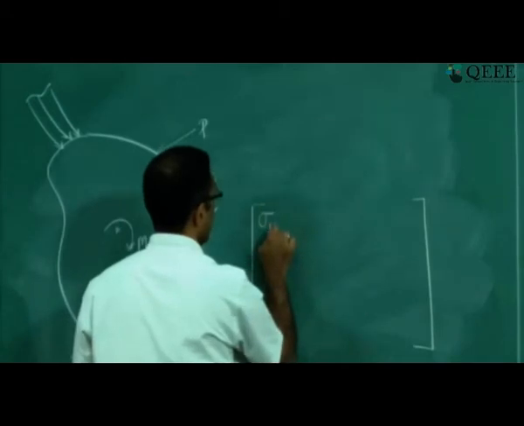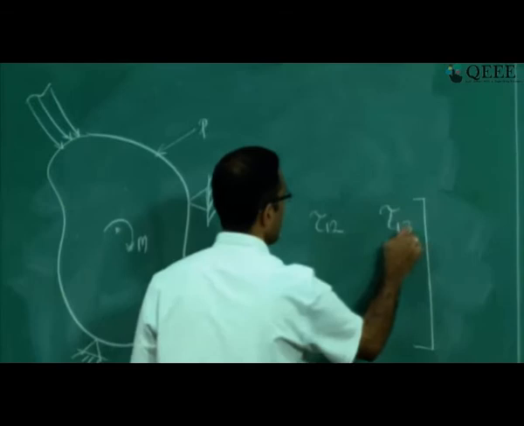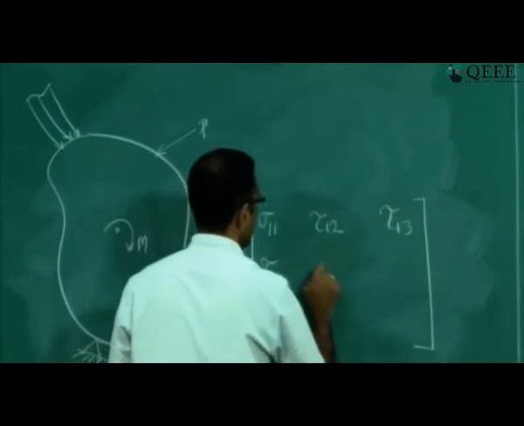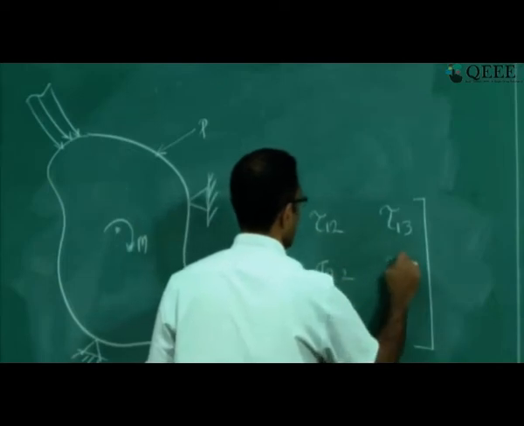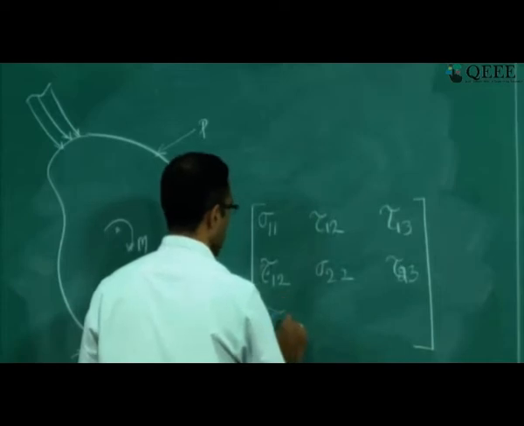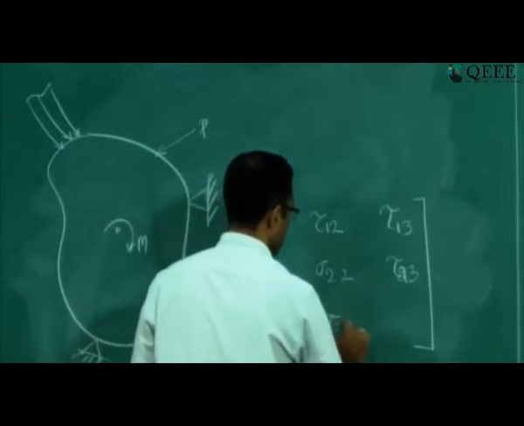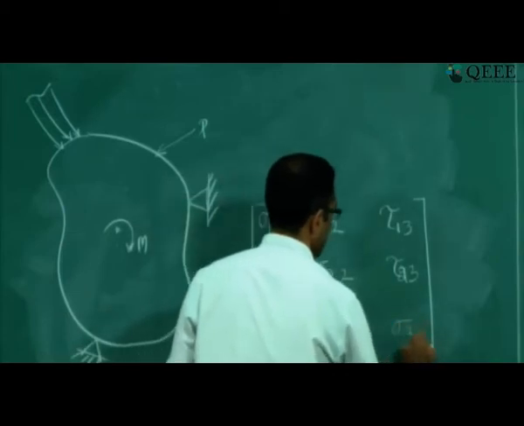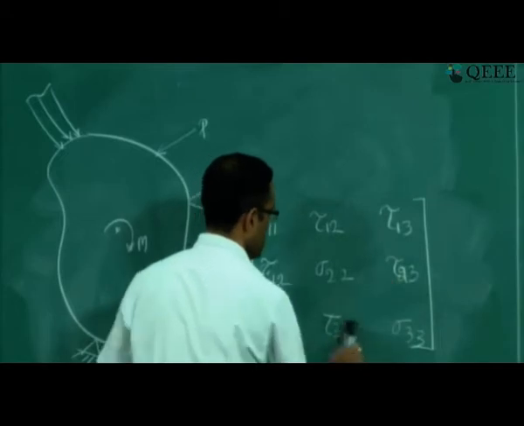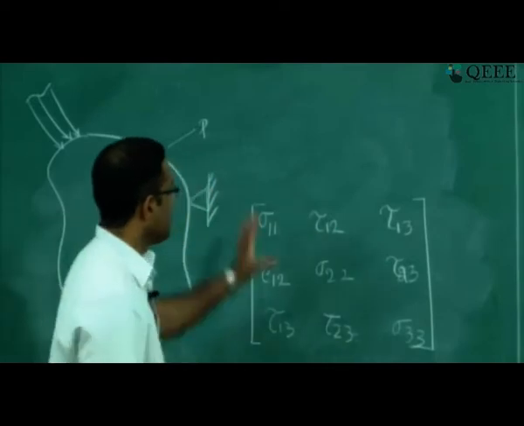So they are sigma 1, 1, tau 1, 2, tau 1, 3, tau 1, 2, sigma 2, 2, tau 2, 3, tau 1, 3, tau 3, 2 and sigma 3, 3. So tau 3, 2 and tau 2, 3 are both basically the same. So I can just use tau. So this is the stress tensor.